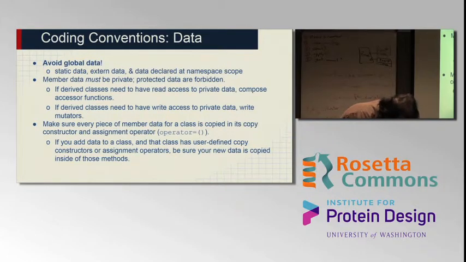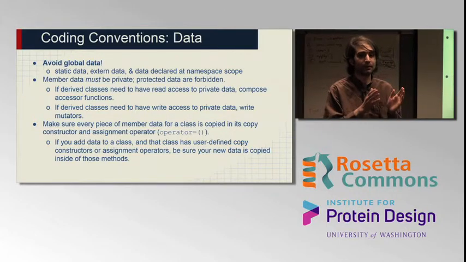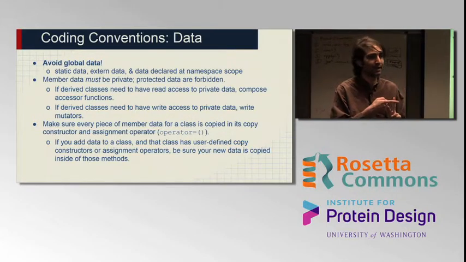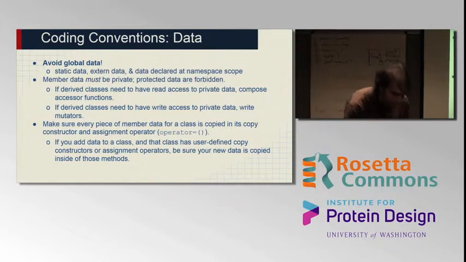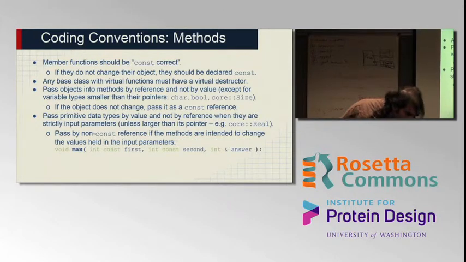Avoid global data. Make sure that when you have a new class, you ensure that all of its data are copied in the copy constructor and in the assignment operator, the equals operator. Be aware of const correctness. We talked about that in a previous lecture.